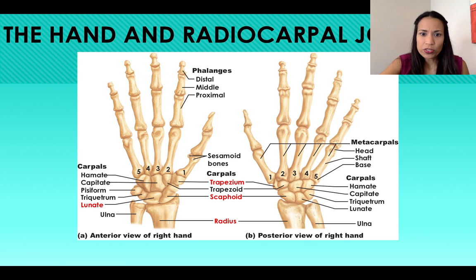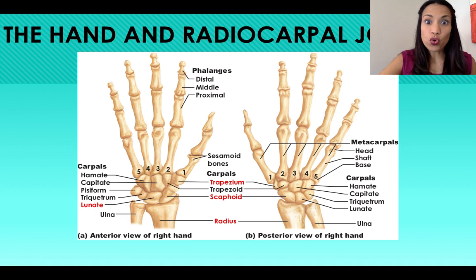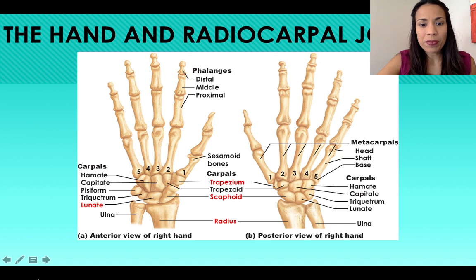Now, important to know, the radiocarpal joint is formed by the distal end of the radius and carpal bones. But specifically, there are 2 carpal bones that are forming this articulation, and of course, they're located on the proximal row of the carpal bones. I have highlighted these names for you, so it's easier for you to find.